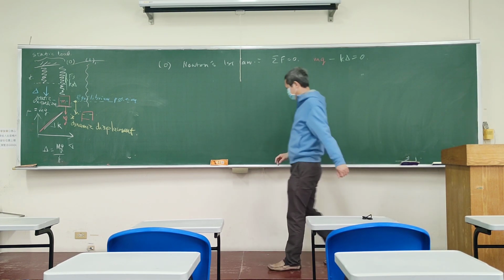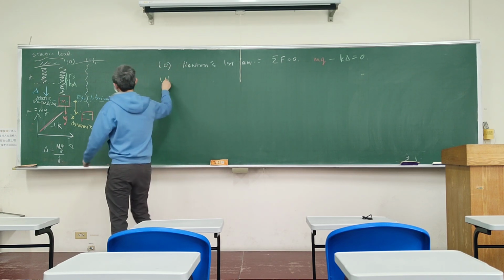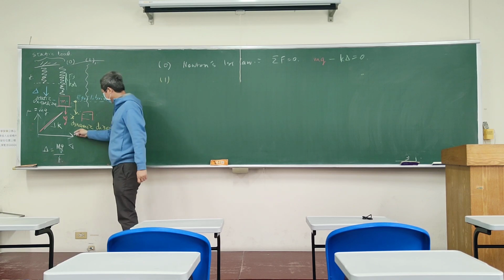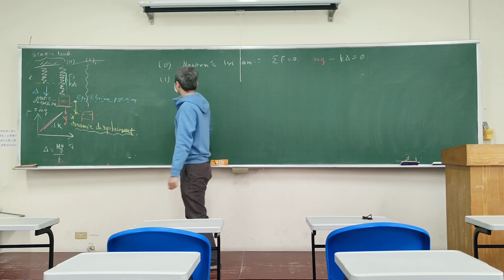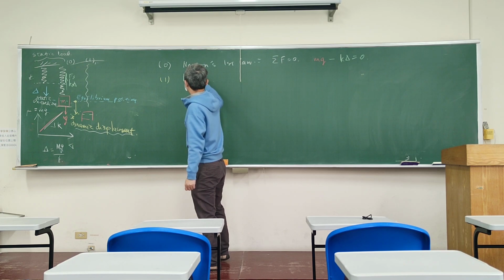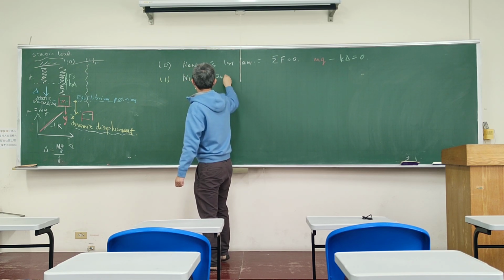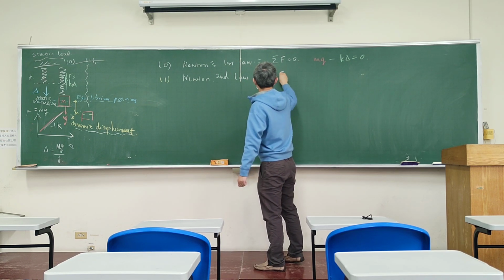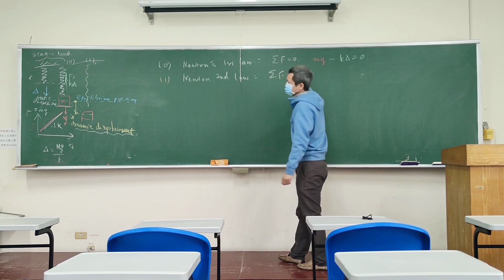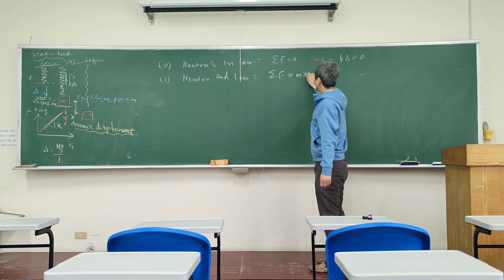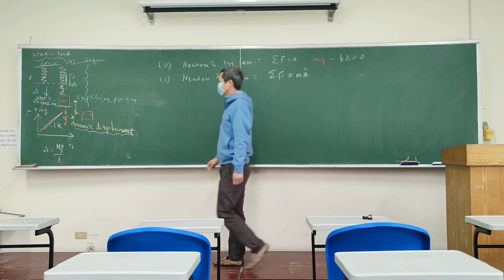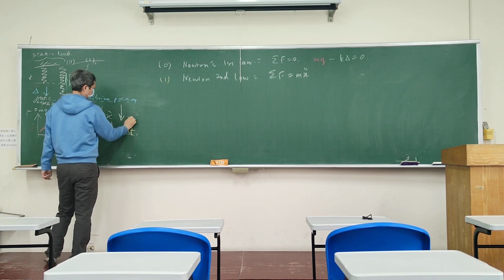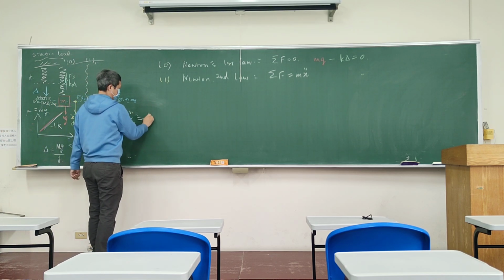But now in phase 2, after phase 1, you are not in balance anymore. You are writing using Newton's second law. Force sum is equal to m x double dot. x dot is the velocity, x double dot is the acceleration.